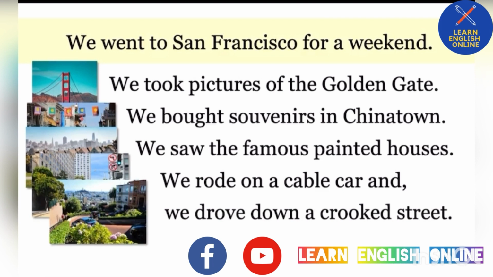You know, to form the past, we add -ed to the verb. But look here, none of these verbs end in -ed. They are irregular: went, took, bought, saw, rode, and drove. These are all irregular verbs in the past, and this is what this lesson is going to be about.